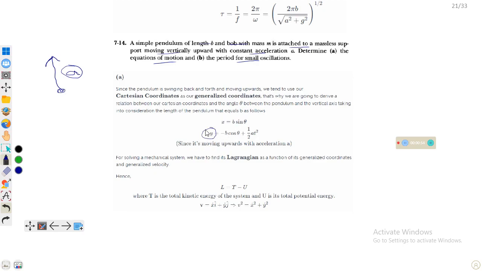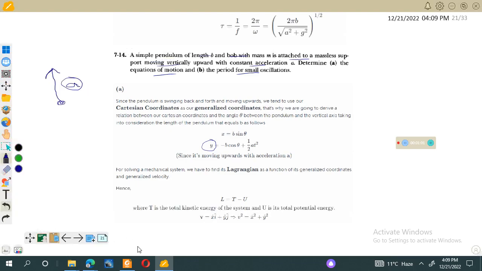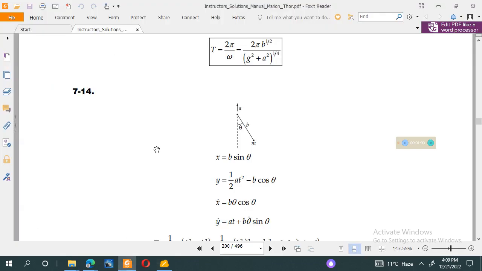So we have again the simple pendulum, and if I show you that diagram, it is just like this. This is a simple pendulum of length b, and it is making some inclination theta because definitely it will oscillate, and it is moving with acceleration a upward.